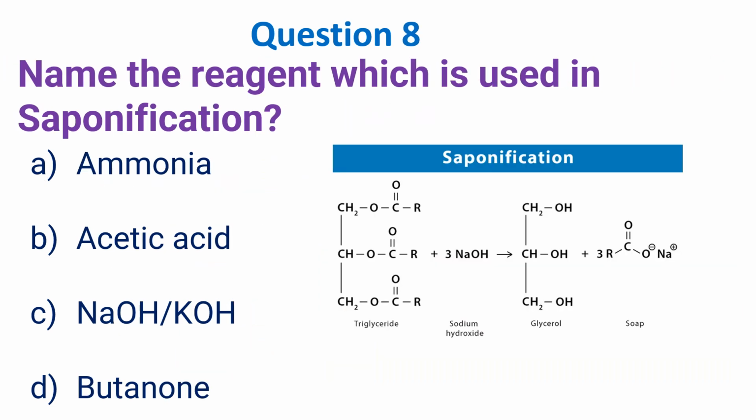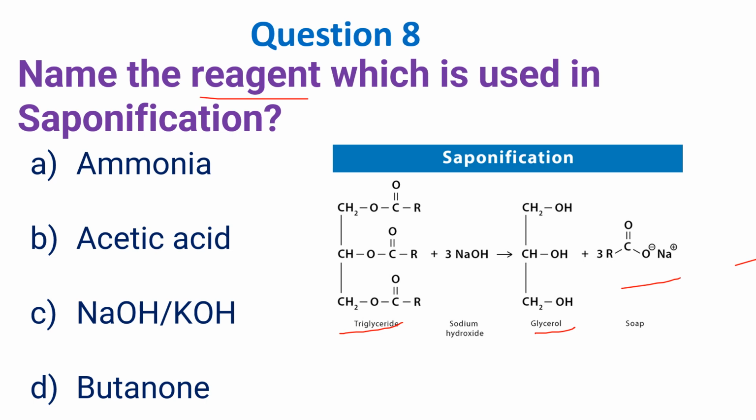Name the reagent which is used in saponification. What is saponification? It is a hydrolysis reaction where free hydroxide breaks the ester bond between fatty acid and glycerol of triglyceride, resulting in free fatty acid and glycerol. This is the saponification reaction, in which triglyceride is broken down by 3 NaOH, sodium hydroxide, and converted into glycerol and soap.